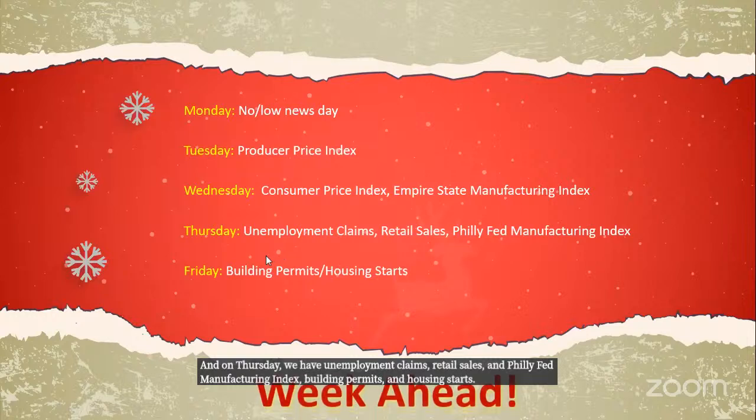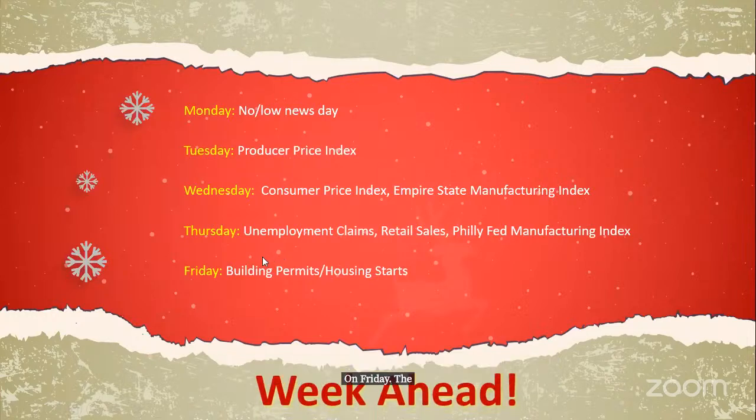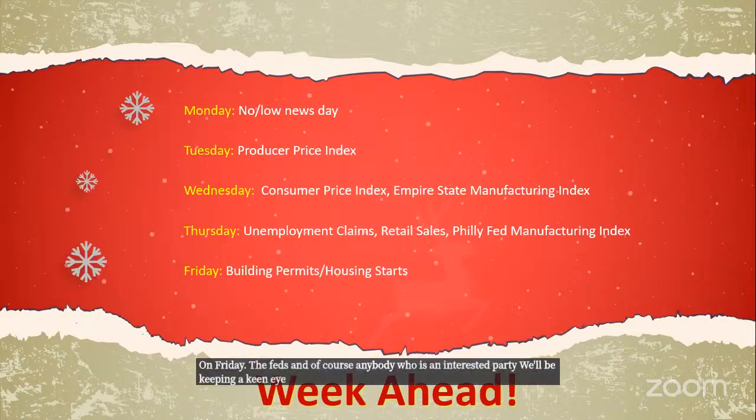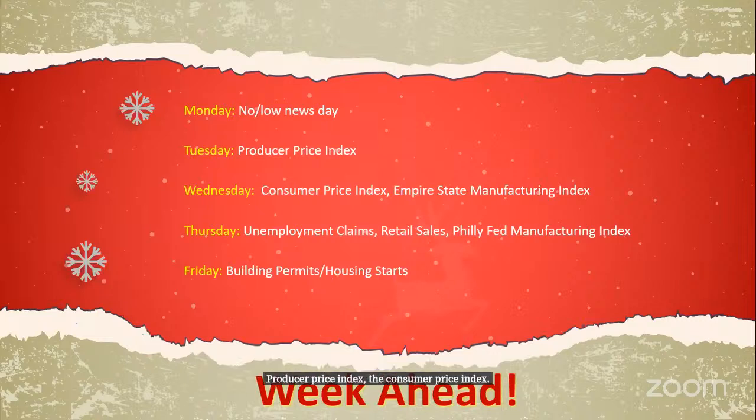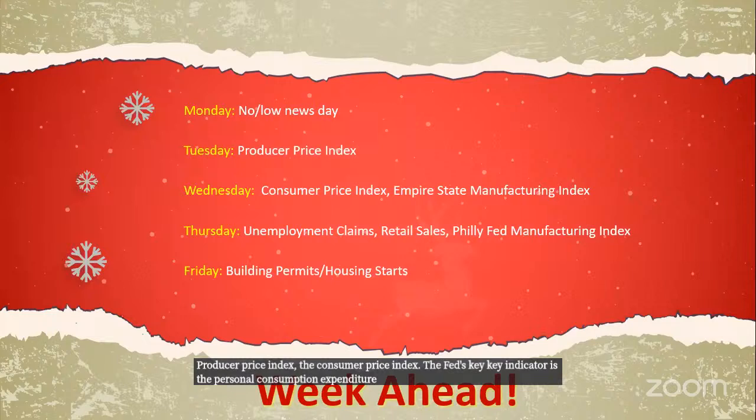The Fed, and of course, anybody who is an interested party, will be keeping a keen eye on Tuesday and Wednesday, PPI and the CPI, Producer Price Index and the Consumer Price Index. The Fed's key indicator is the personal consumption expenditure, but they also very much pay attention to the PPI and the CPI.